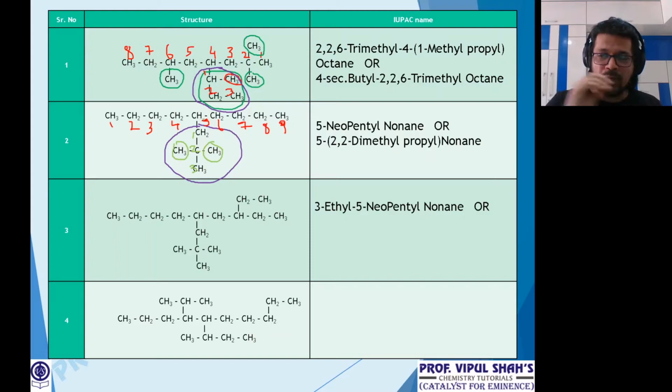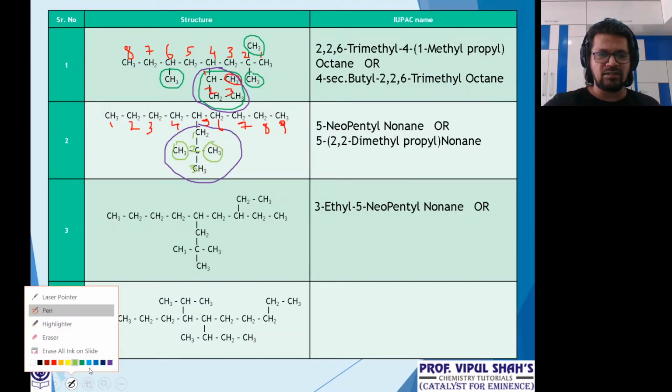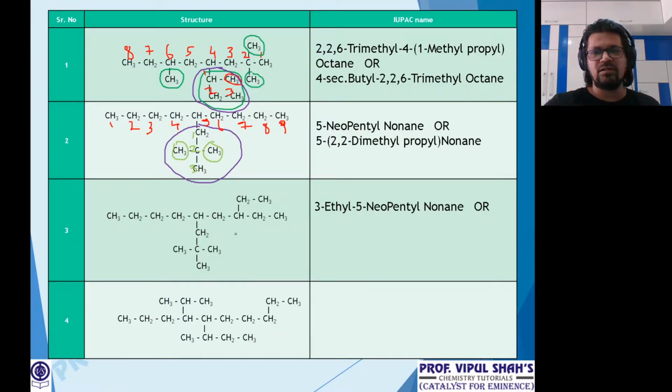Now the next one. Let's name it in one way first. Let me change the color here so that you are able to see it. First, which group is this? That's ethyl. And which group is this? The second last carbon is attached to 4 others, so that's neopentyl.